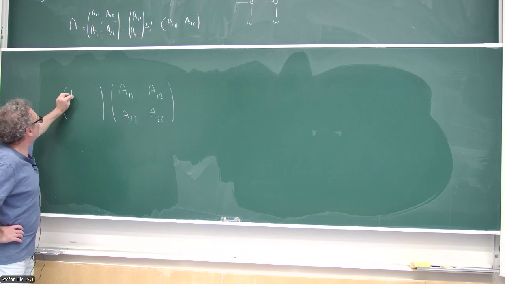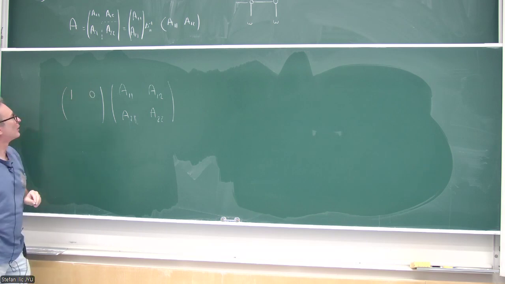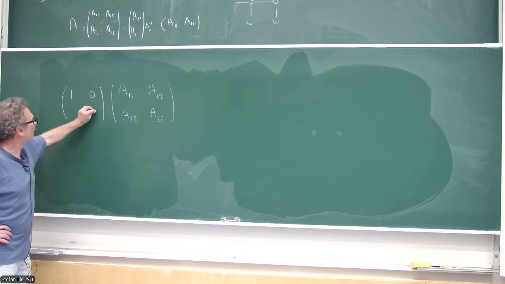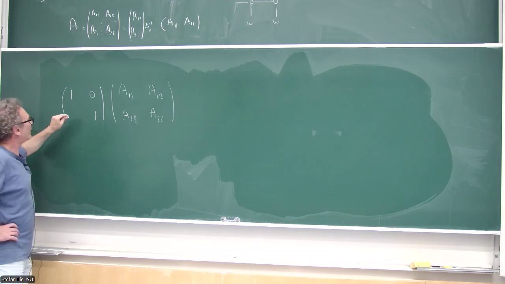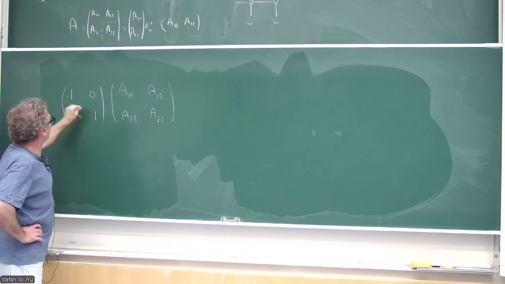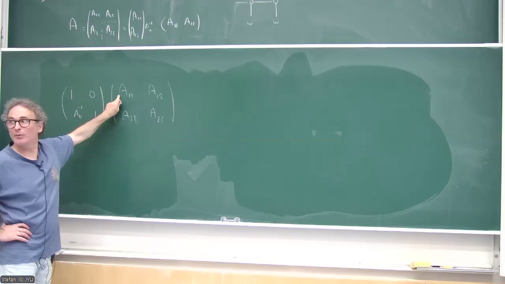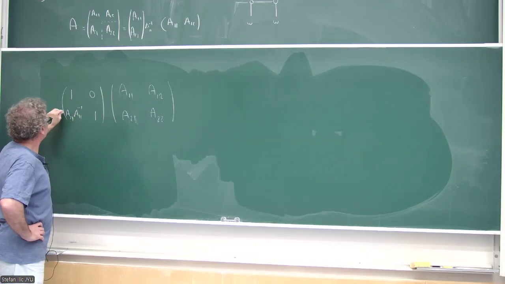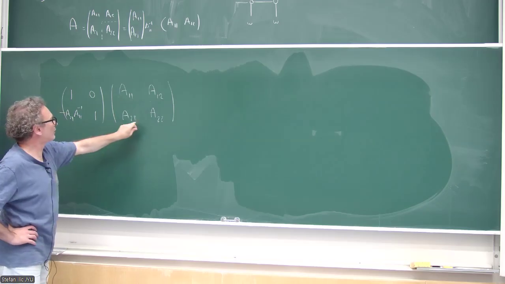So I want to do nothing on the first row. On the second, I will multiply by A11 inverse. It's going to be multiplied with this one, it gives me 1. And then I get A21 with a minus, and that compensates this one.